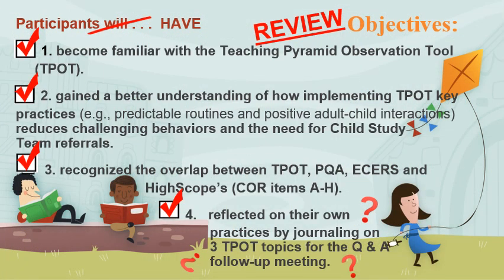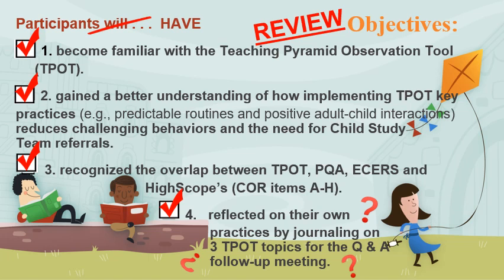Now let's review if we covered all of the objectives. Participants have become familiar with the Teaching Pyramid Observation Tool, TPOT. Check. Participants have gained a better understanding of how implementing TPOT key practices reduces challenging behaviors and the need for child study team referrals, which is the goal of the TPOT in the Pyramid Model.